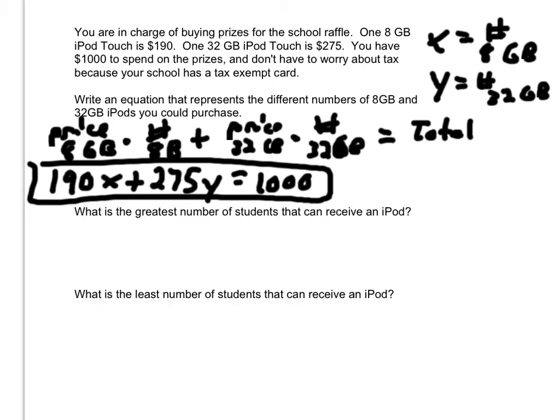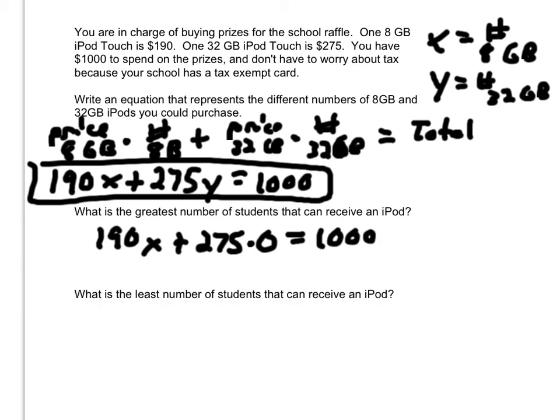So basically what this is asking us is how many 8 gigabyte iPods can we buy if we don't buy any 32 gigabyte iPods. So we want to know 190 times what, plus 275 times 0, because we're not going to get any of the expensive ones, equals 1,000. That will tell us the maximum number of iPods we can buy, because we're getting all cheap ones. So we would get 190x equals 1,000.